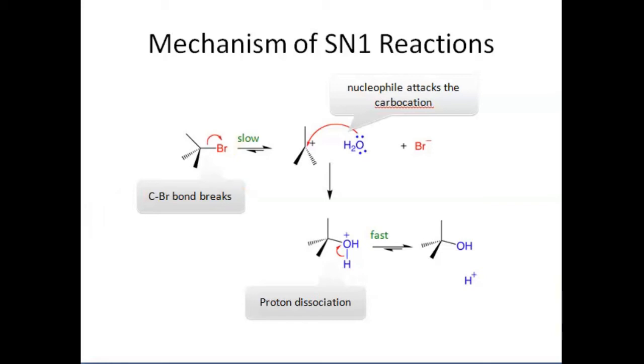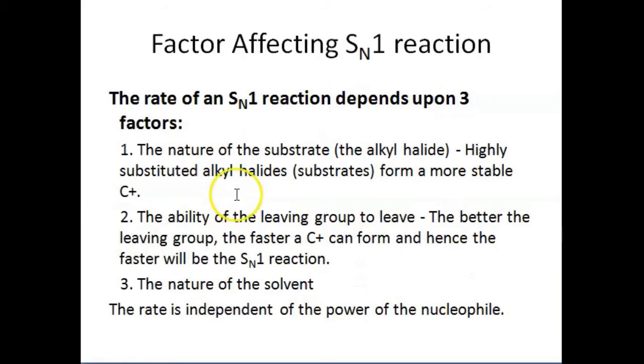Next, what are the factors which affect the SN1 reaction? The SN1 reaction depends upon three factors. The first is the nature of the substrate, that is the alkyl halide. A highly substituted alkyl halide will form a more stable carbocation. The second is the ability of the leaving group.